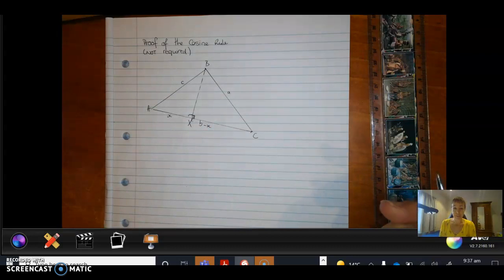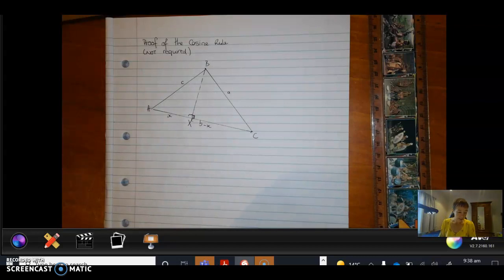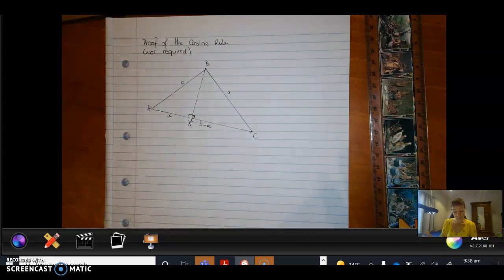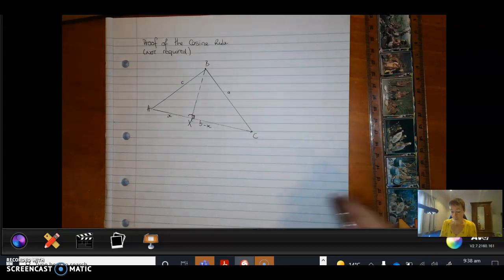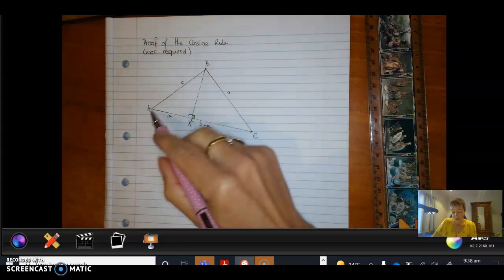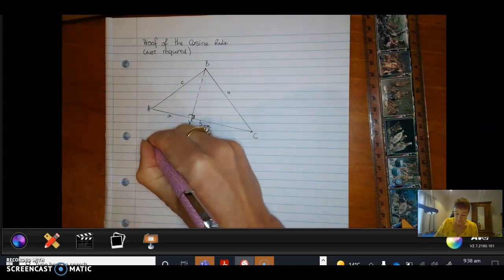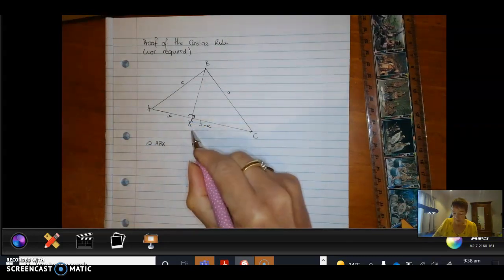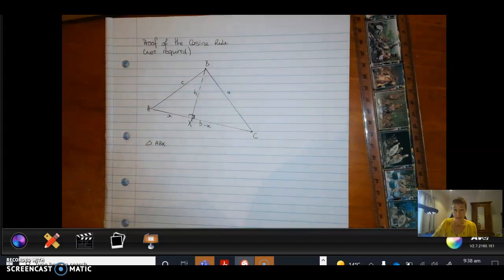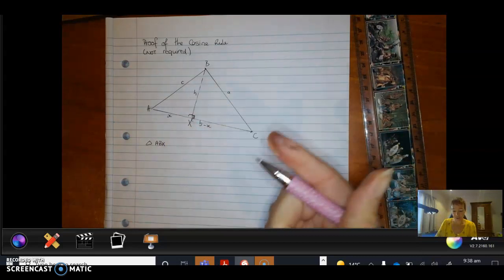Okay. Now, we know that we have used Pythagoras already. So I'm just going to write down a few things in terms of Pythagoras because I will need them later. So if I just look at this triangle ABX, this is, I'm going to call h, the height of the triangle.